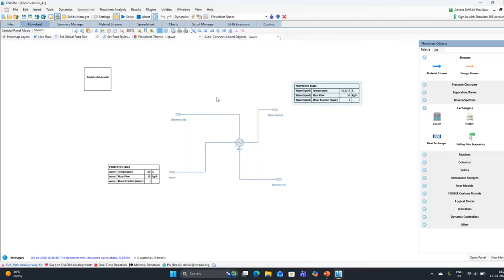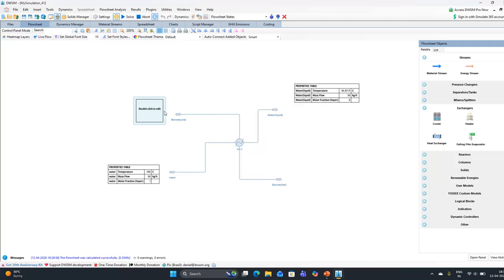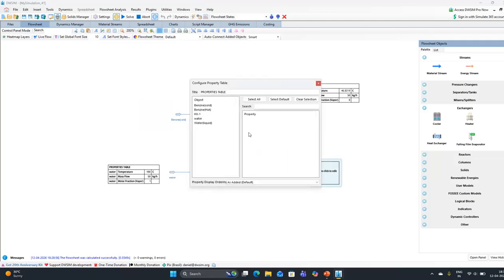Here you can see temperature is 56. I will add benzene cold, temperature. No, I want to know the hot temperature. How hot is the benzene going to get? So I will add benzene hot, temperature, mass flow.